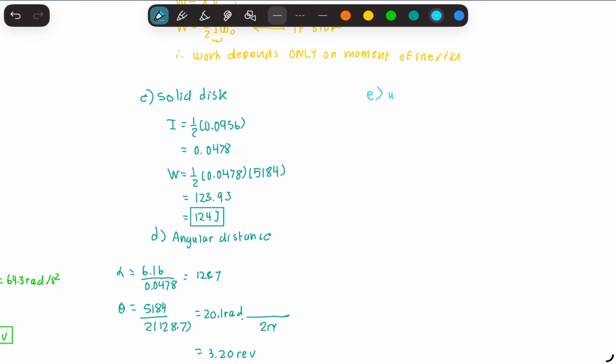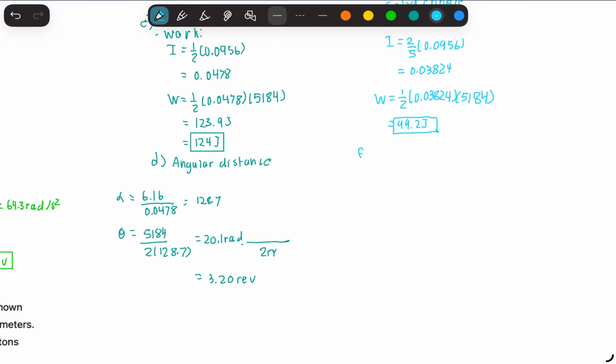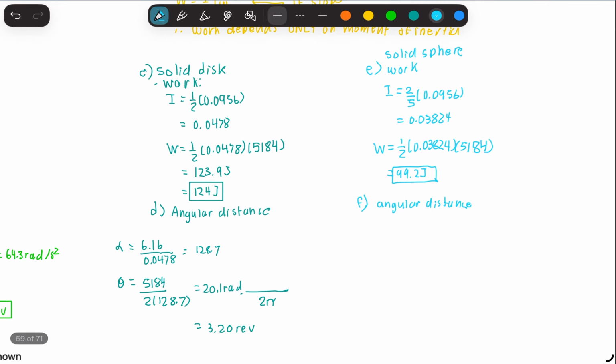Now I want to find the angular distance for the solid sphere.